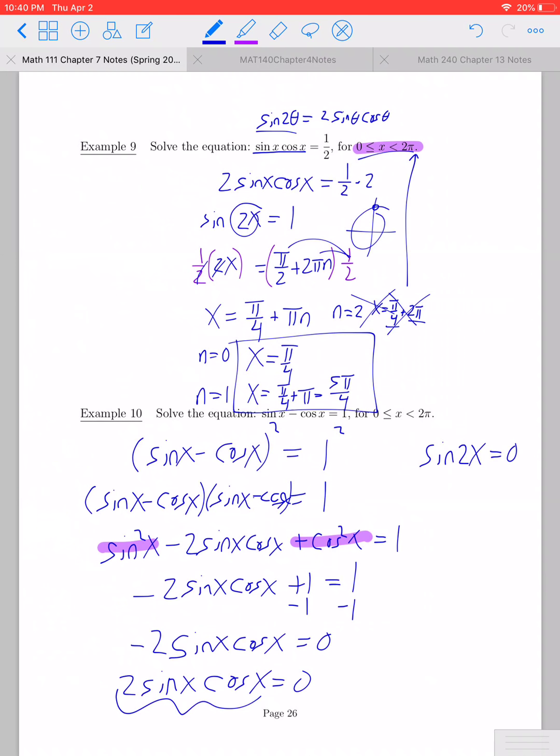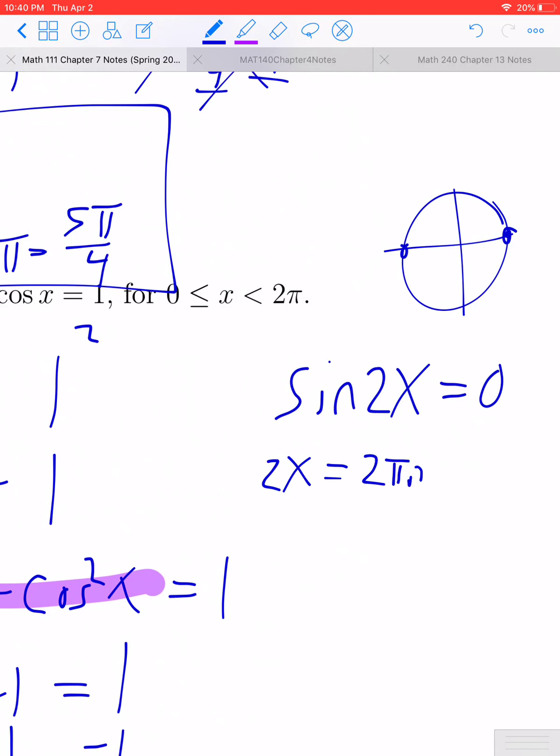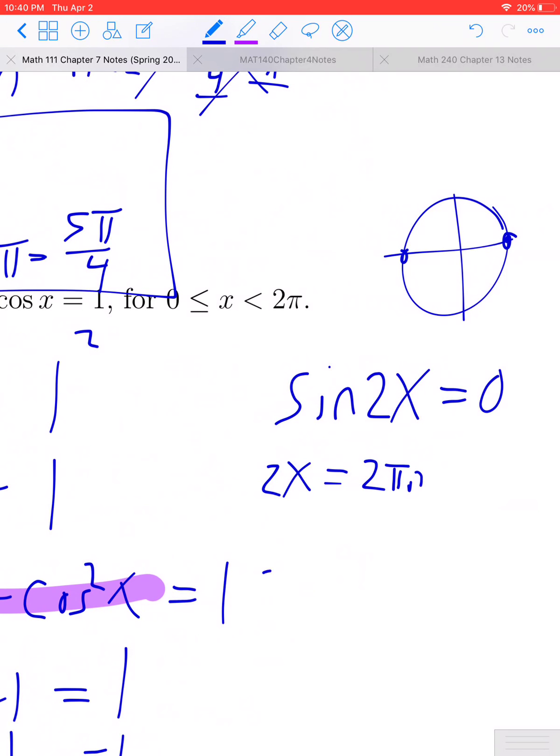If the sine of 2x is equal to 0, when is the sine going to be 0 between 0 and 2 pi? Well, the sine is 0 here and here. So that means that 2x would have to be either equal to 0 plus 2 pi n, or 2x would have to be equal to pi plus 2 pi n.